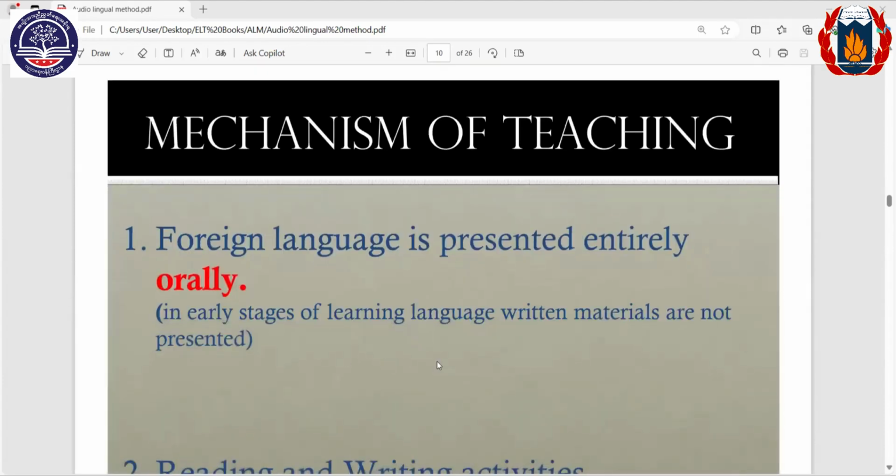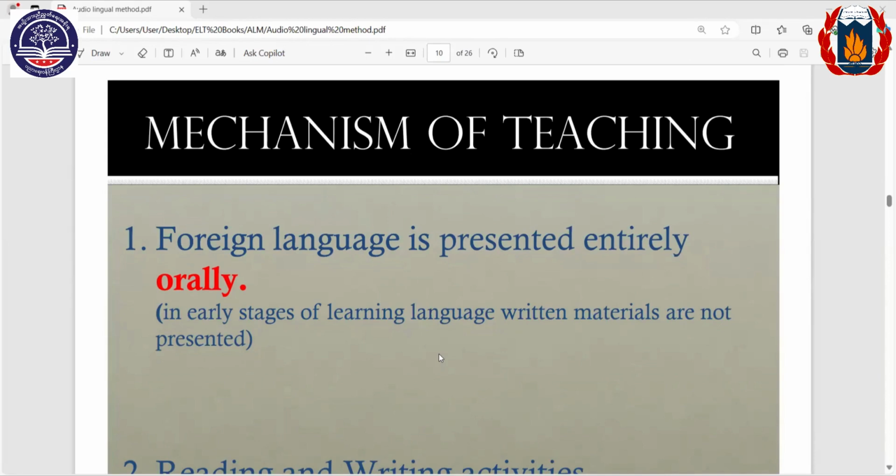But the next characteristic is here, it should be presented orally, right? Firstly, not using the materials. Teacher needs to produce orally or like modeling, right? Teacher needs to model the sentence pattern and the model sentences.